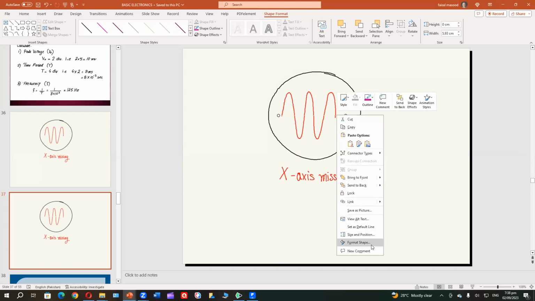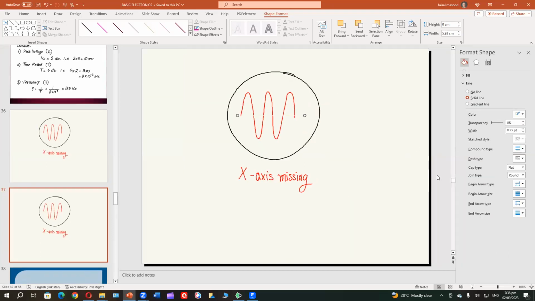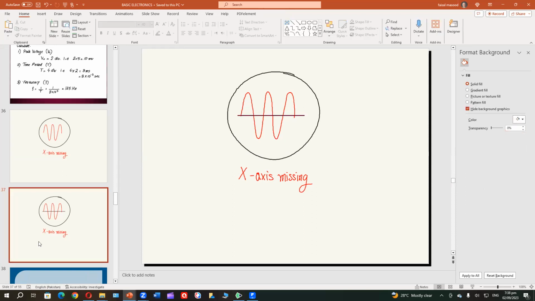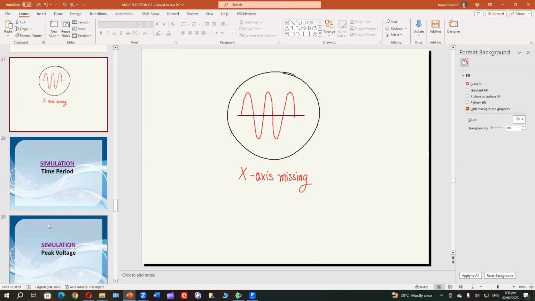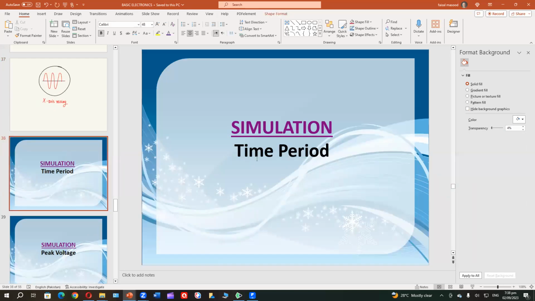If the x-axis is missing, you can draw the x-axis in the center.